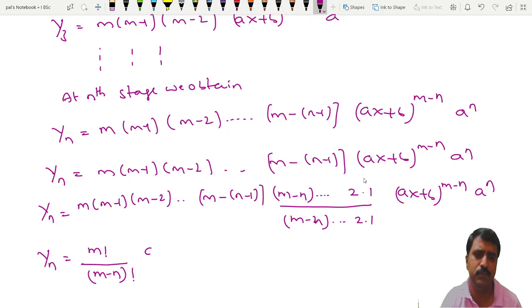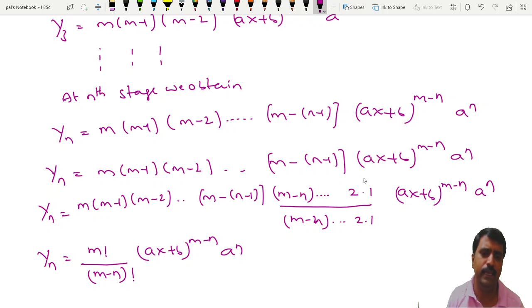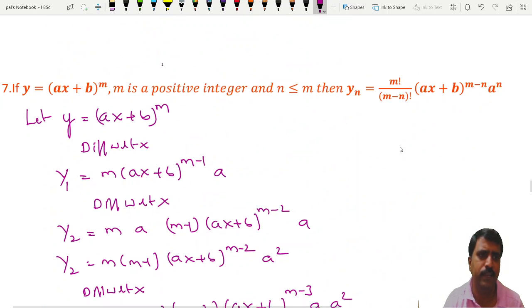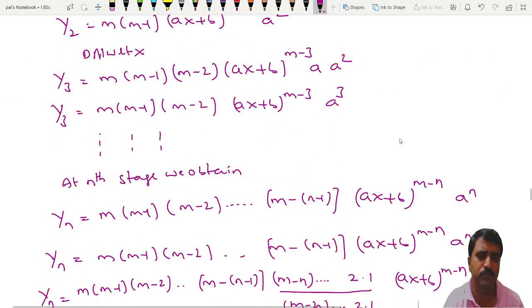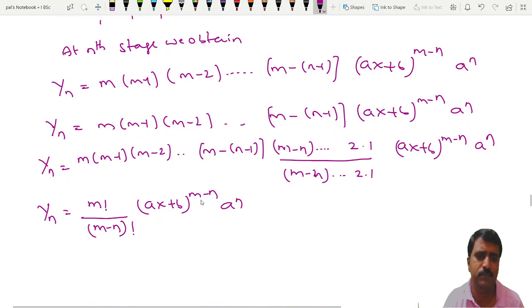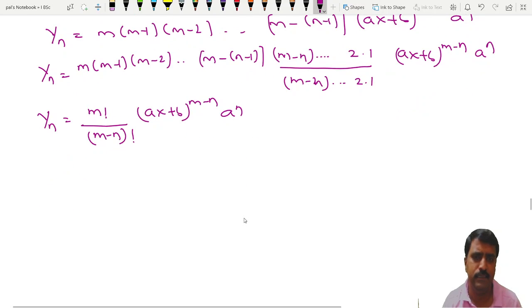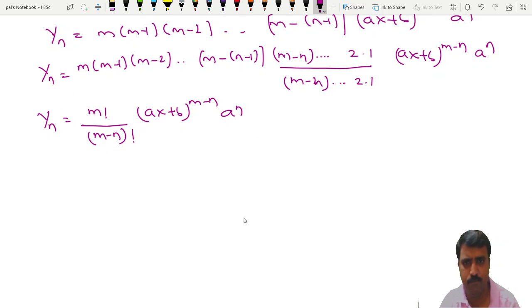This into ax plus b to the power m minus n into a to the power n. This is the desired result. So it is m factorial by m minus n factorial into ax plus b to the power m minus n into a to the power n. This is the nth derivative of ax plus b to the power m when m is a positive integer.